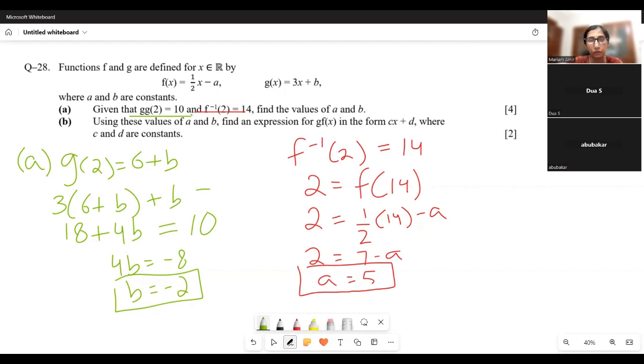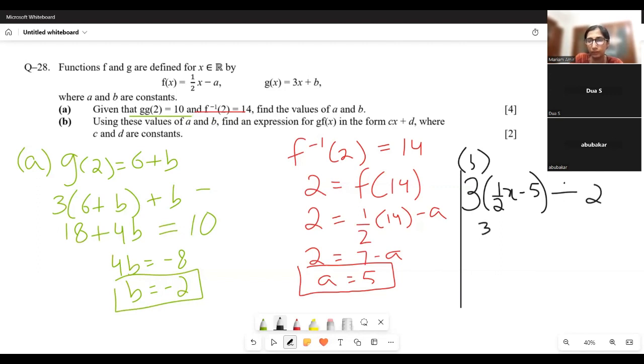Using these values of a and b, find GF(x). Okay, so now in G, we have to substitute f(x). So G is 3, x is now f(x), which is half x, and a is minus 5. We have to substitute f inside G. And plus b, but plus b is now minus 2.